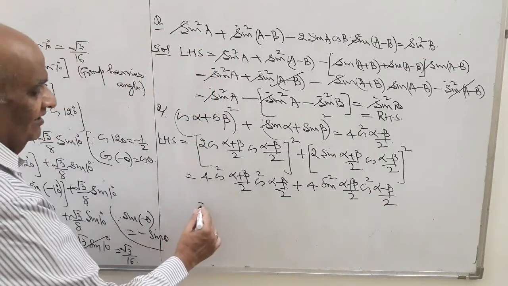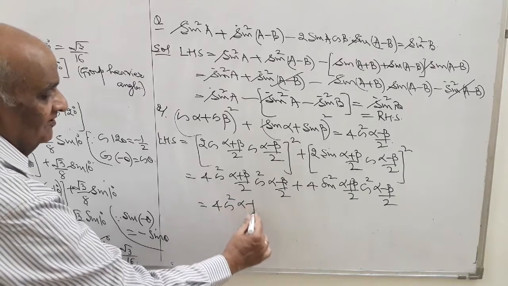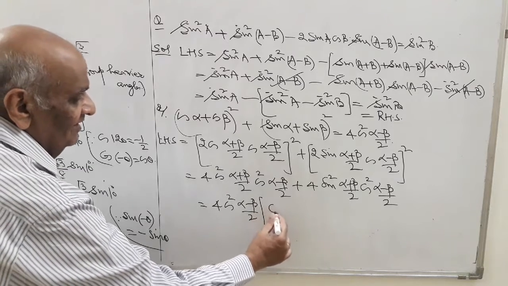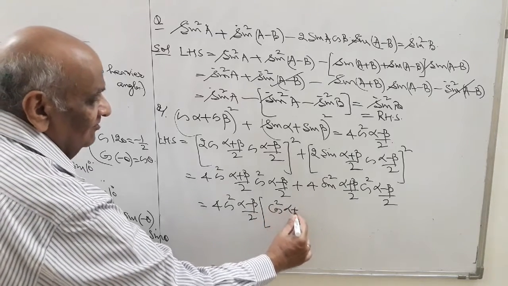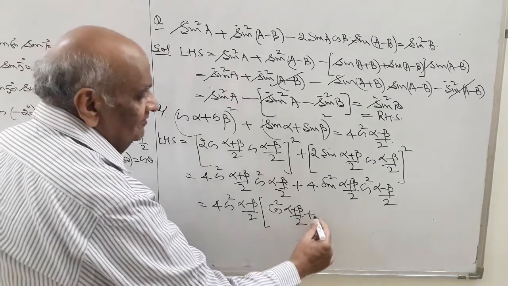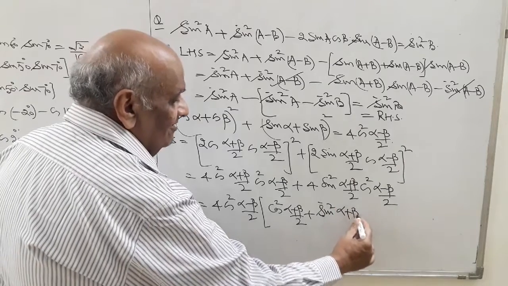Now from here take out 4 cos square alpha minus beta by 2 common. Inside you have cos square alpha plus beta by 2 plus sin square alpha plus beta by 2.